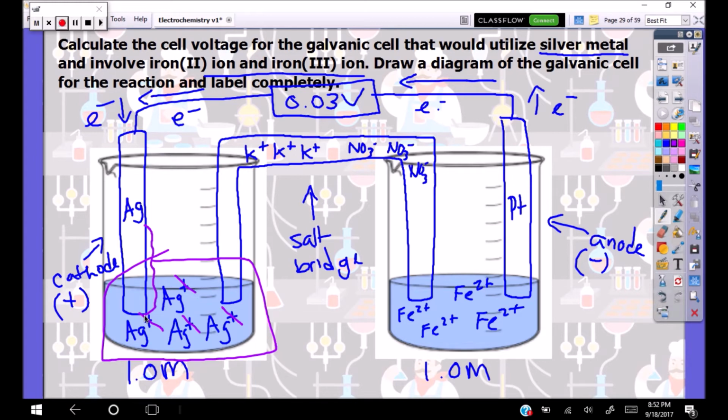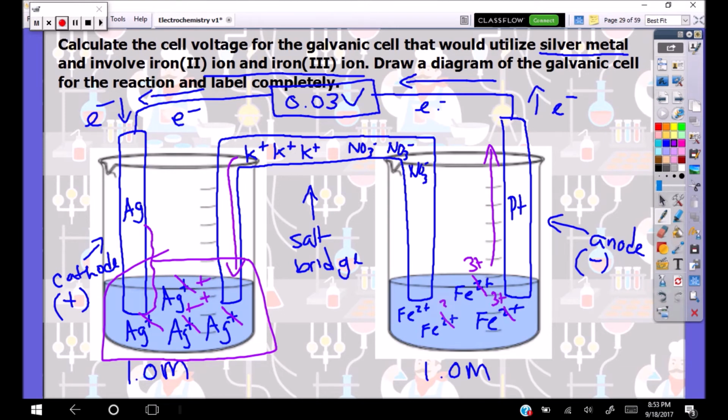The way we prevent it from becoming neutral in that sense is that we have these potassium ions come down from our salt bridge to balance out our charge. So even though electrons are flowing and neutralizing the silver, there's still positive charge that will build up here from my salt bridge, my potassium. Same thing happens on the other end. As electrons are going up this way, these are turning into 3 pluses because they're being oxidized.